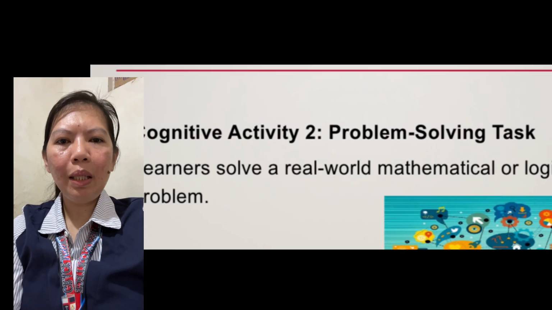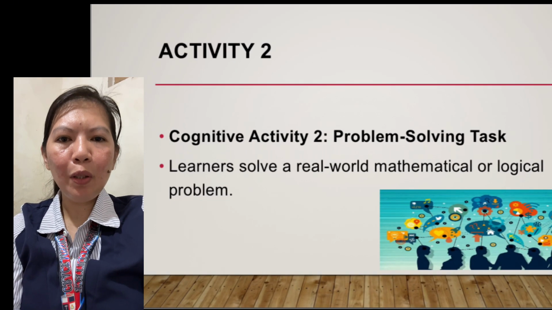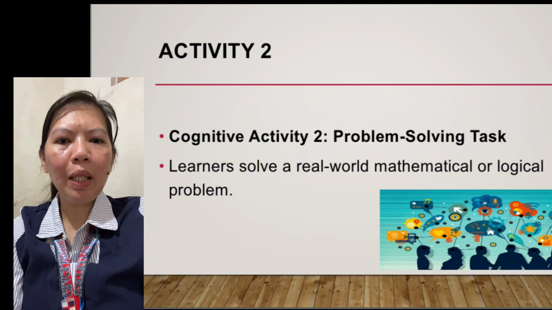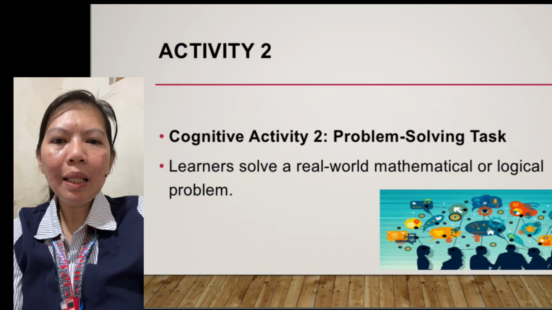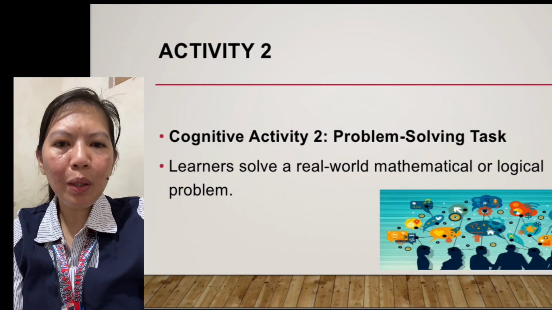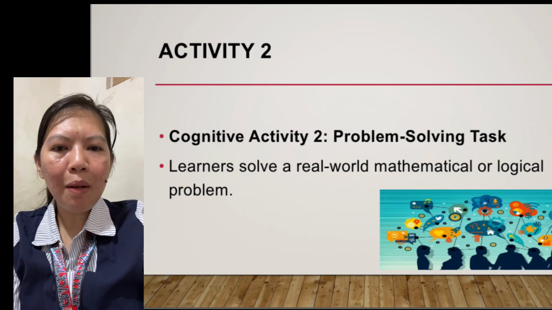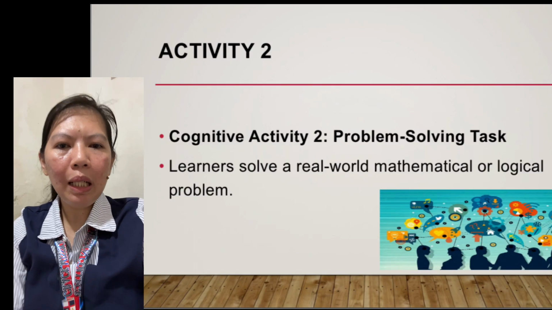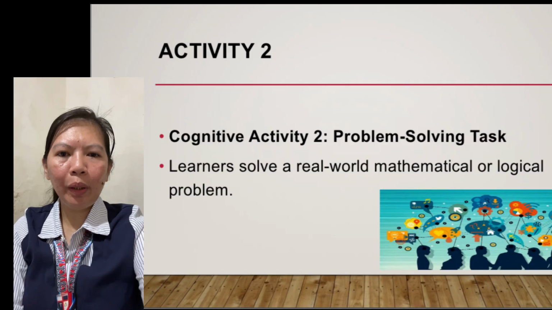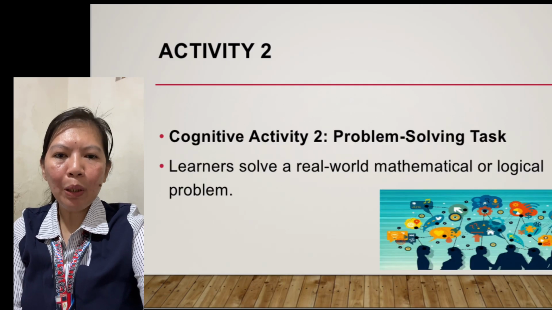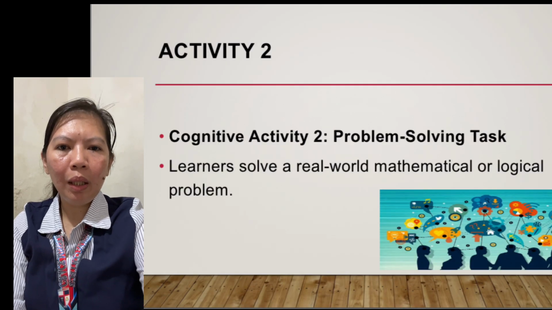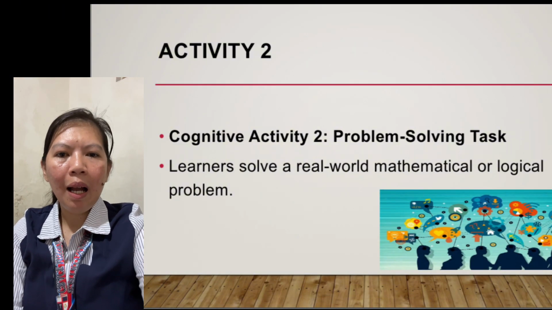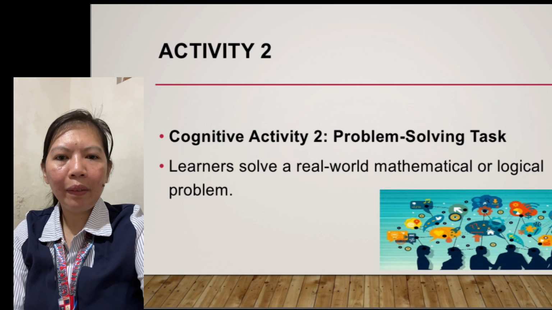For activity number 2 of the cognitive domain, it is the problem solving task, where the learner is going to solve a real mathematical problem or logical problem. The verb used is solve, where to solve a problem you have to be a high critical thinker.